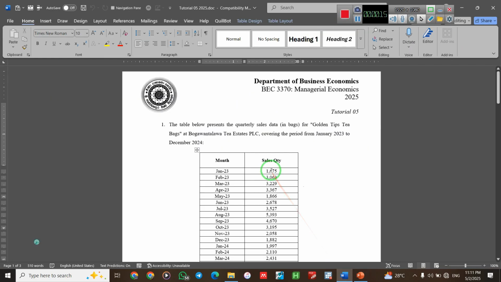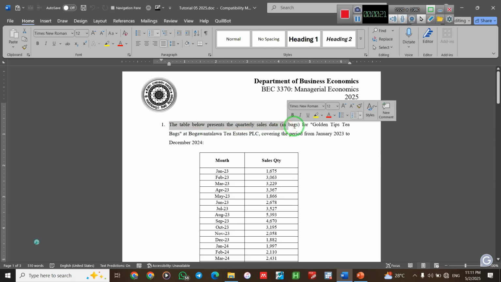In the first section of the tutorial it says that the table below presents the quarterly sales in bags for golden tip tea bags at Bogondala Tea Estate PLC, covering the period from January 2023 to December 2024. So the table is showing the sales data of Bogondala Tea Estate PLC from January 2023 to December 2024.